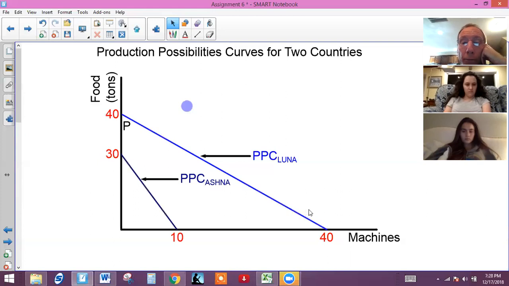So it's 1 to 1. And if Ashna doesn't trade at all with Luna, 3 tons of food costs 1/3 of a ton of machines, or 1 machine costs 3 tons of food if they just don't trade at all, okay?